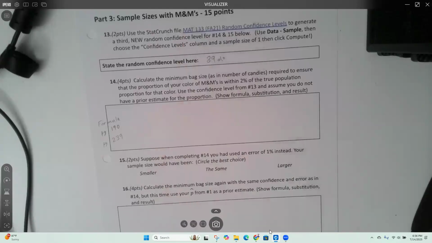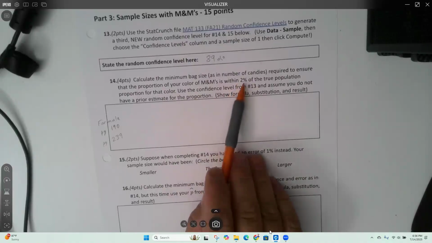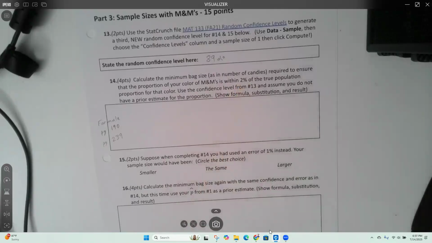In our case, with M&Ms, we have 6 different colors. So 1/6 is like 17%. So that's going to be the parameter that we're shooting for, and our statistic is going to land somewhere around that 17%. But if I wanted to get within the actual parameter, I might be 2% plus or minus, give or take.